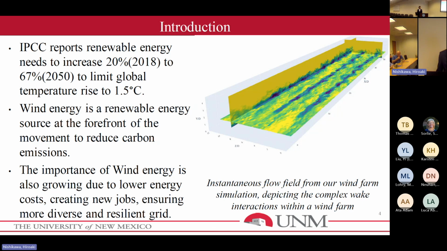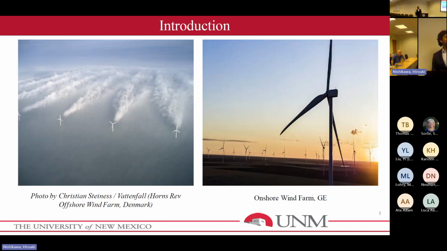Wind energy is also important for lowering energy cost, creating new jobs and ensuring a more diverse and resilient grid. On the right, you can see the complex wake structure of a wind farm, and this is from our simulation. These are two pictures: one is offshore in Denmark, another is onshore, developed by GE.